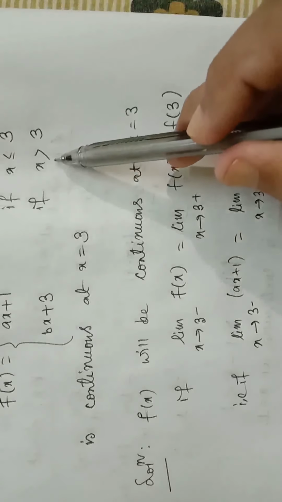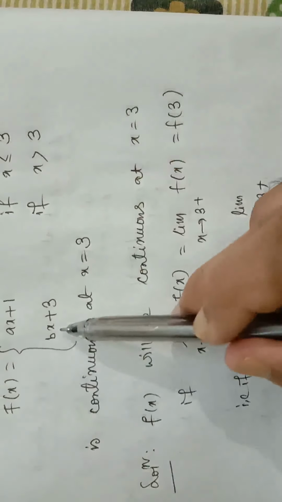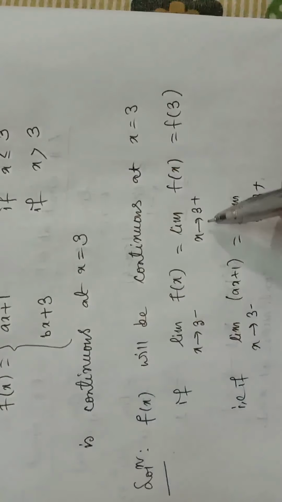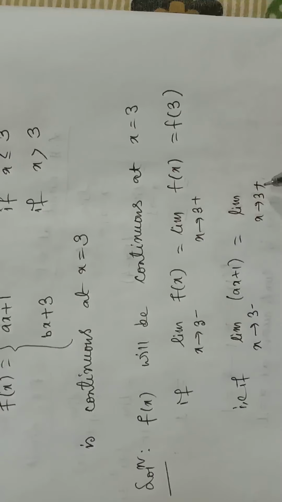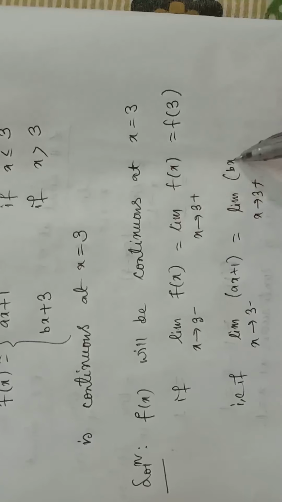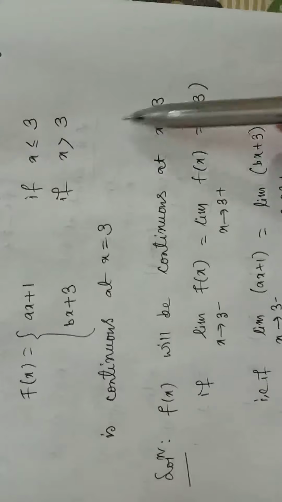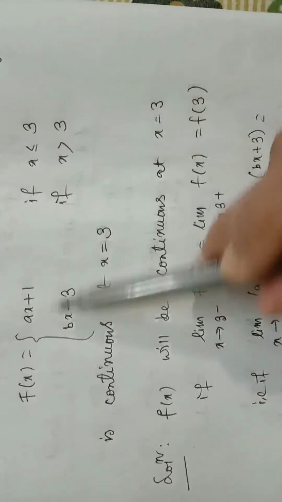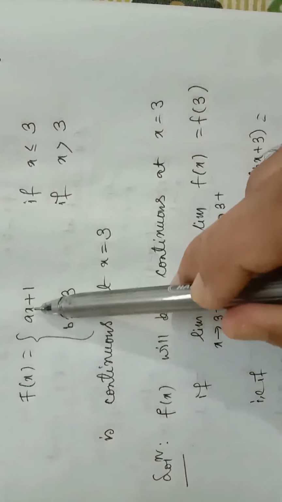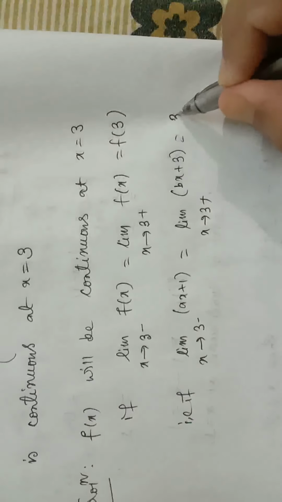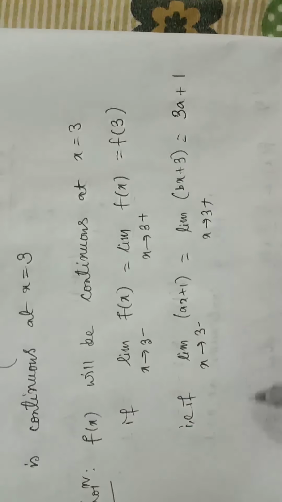When x is more than 3, f(x) will be bx plus 3. And what is f of 3? The value of the function at x equal to 3, f of 3 will be a into 3 plus 1. It will be 3a plus 1.